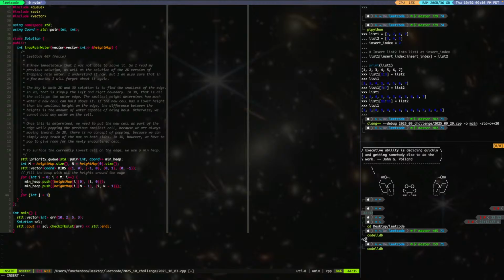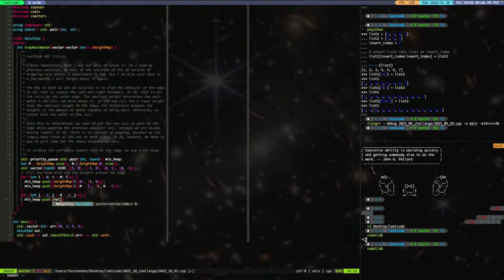So j equal to 1, j smaller than n-1, j plus plus. Heap dot push height map 0, j, 0, j.